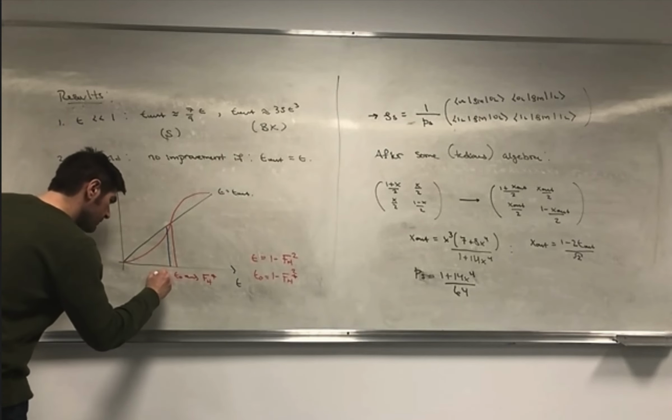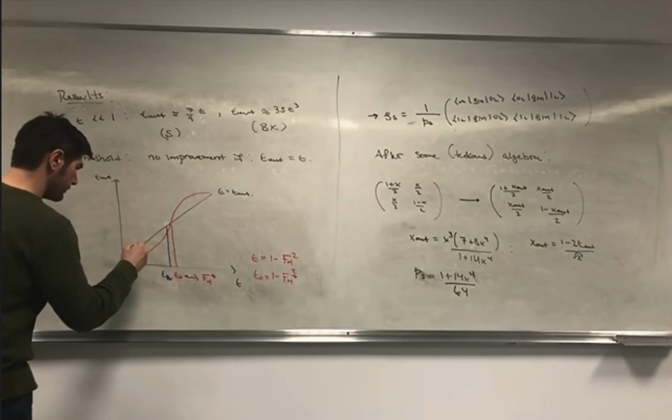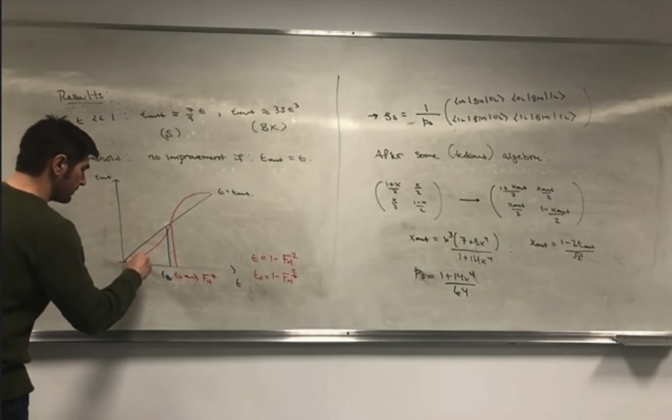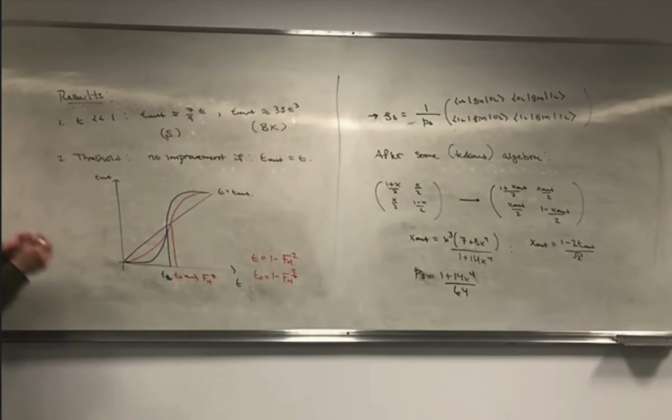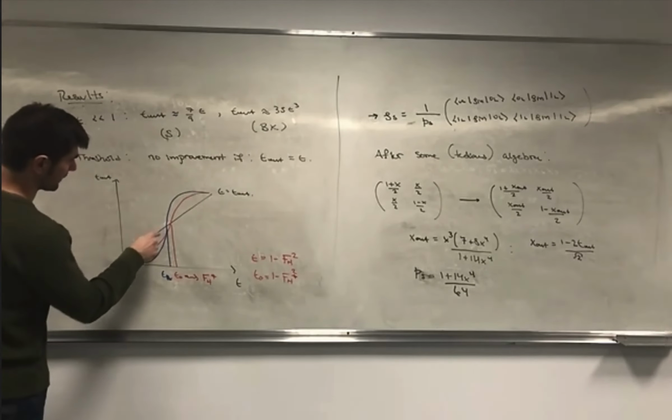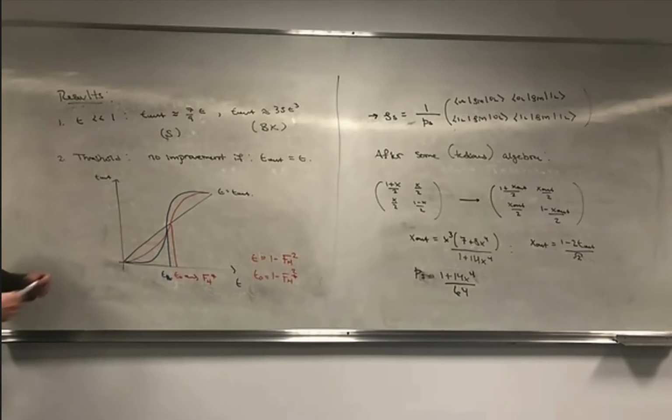So this is Bravyi and Kitaev. It's exponential, so it's a little bit more steep, but the threshold is, there's a gap.